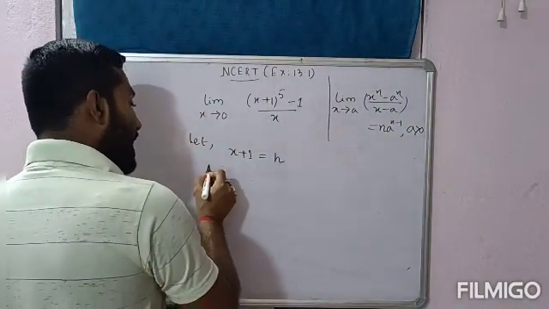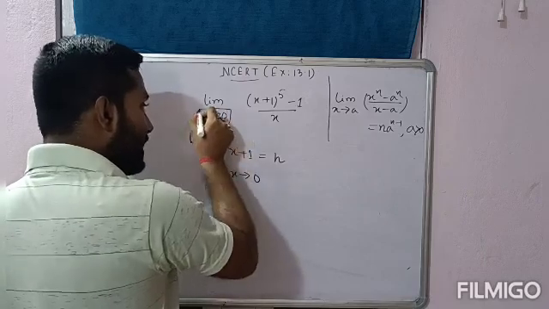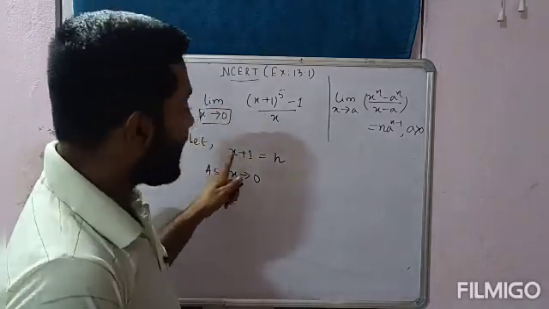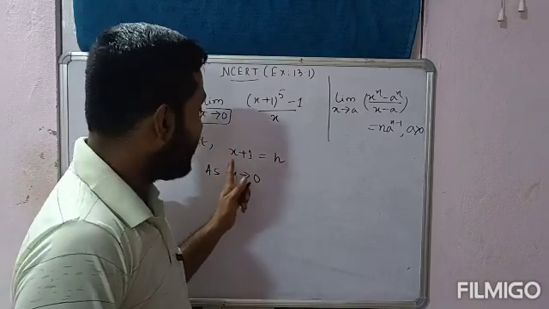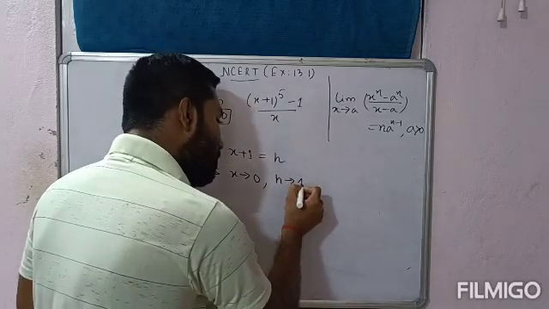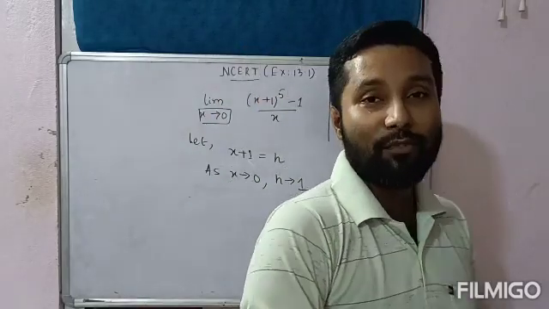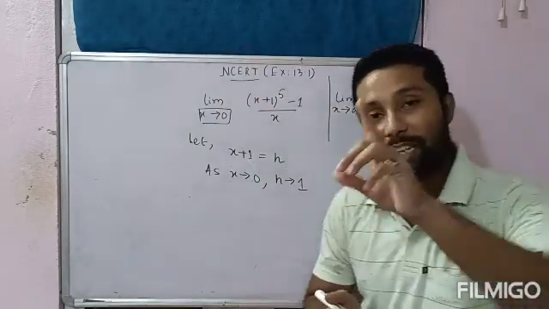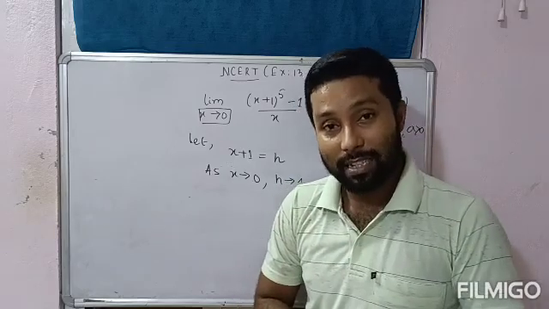Now as x approaches 0 as per the question, meaning if I put the value of x here as 0, what will be the value of h? 0 plus 1 is 1, so that means h approaches 1. We will always get the nearest value, as in the definition I gave in the first day of class.